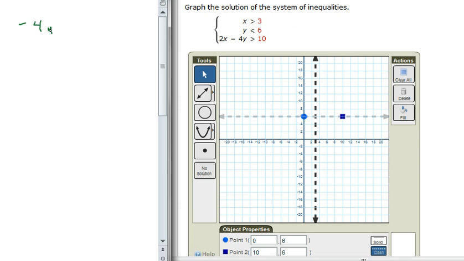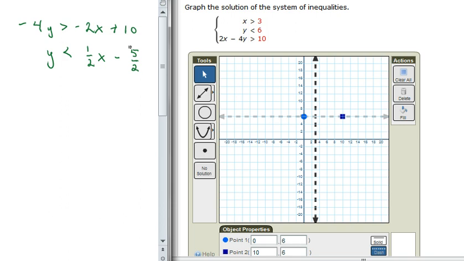So 4y is greater than negative 2x plus 10. Dividing by negative 4 will give y is less than 1/2 x minus 5 halves.